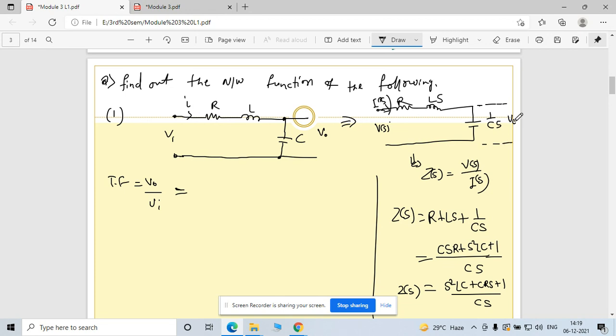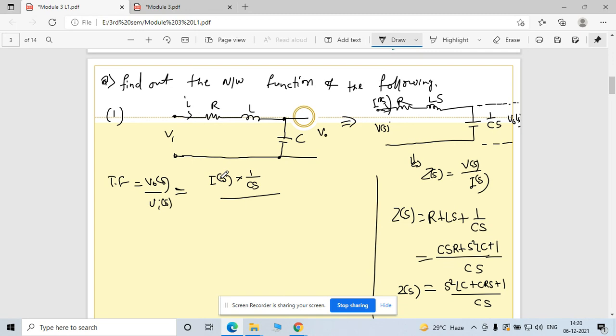You have to convert this circuit into the S domain, then you will find it. The transfer function is nothing but V output of S by V input of S. V output of S is the product of current I of S and this impedance, which is 1 by CS, right?